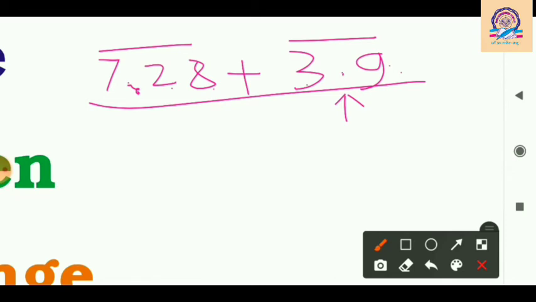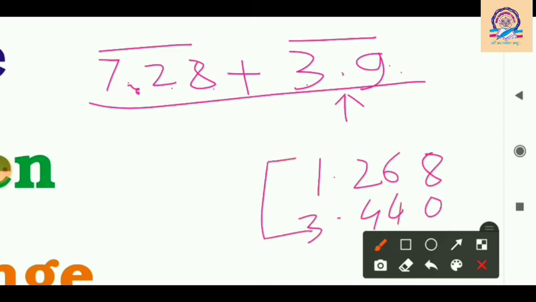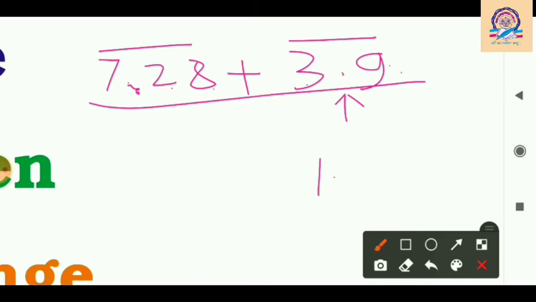For example, here 1.268 and another number is 3.42440. So here you can see both numbers have the same number of digits, so these are known as like decimals. So in this way we have to convert to like decimals.